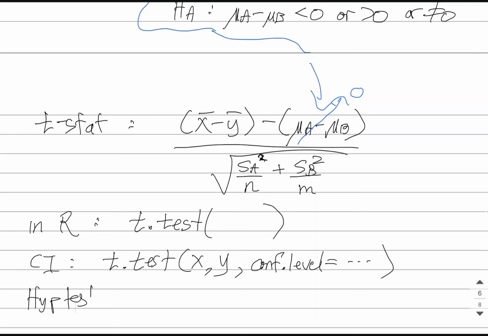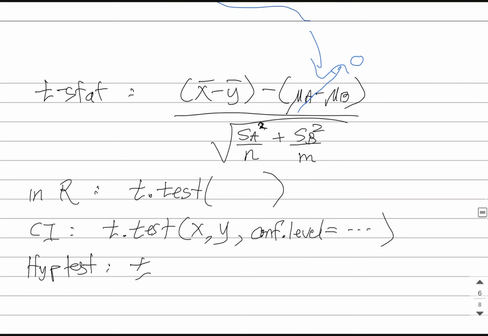If you want a hypothesis test, we are going to go t.test as before, x, y. You can put your value of mu if you want it to be something other than 0, but generically it will default to 0. You're going to have to put your alternative, and remember that it's always relative to x.